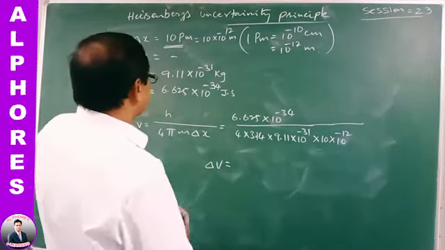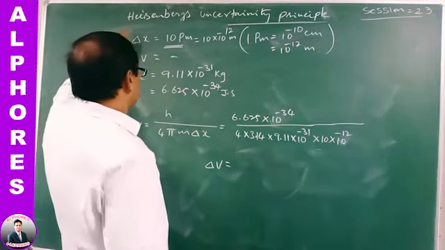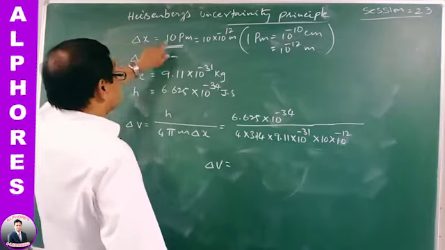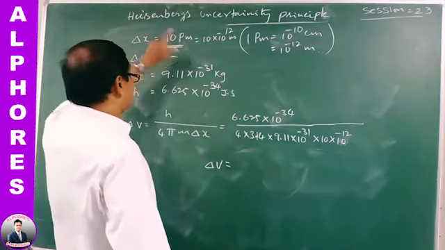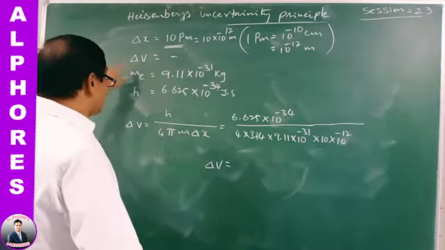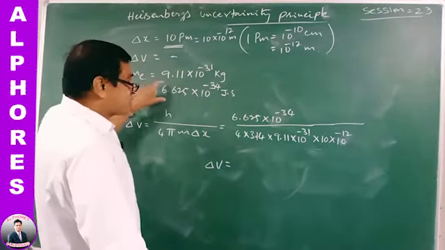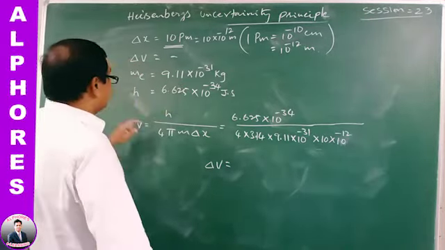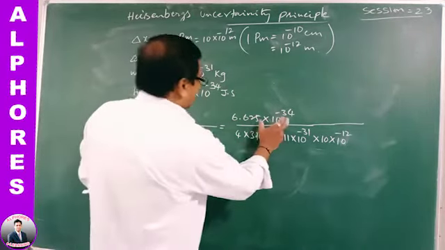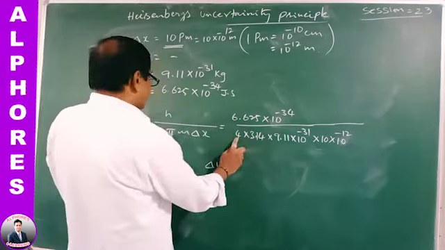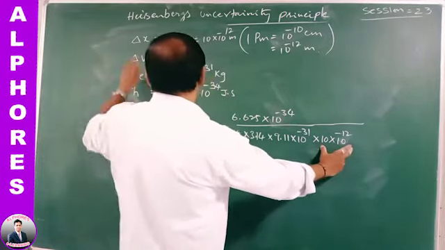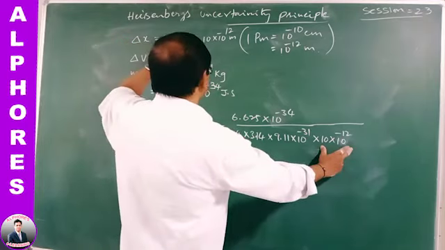Once again, in this problem, uncertainty in the position of the electron is given, that is 10 picometers. Then he is asking us to calculate uncertainty in the velocity. Mass of the electron is given, and Planck's constant value is also available. So substituting in the formula: Planck's constant value by 4 pi mass of the electron into delta x, which is 10 picometers.